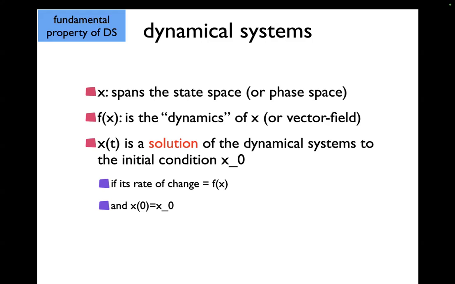A time course x of t obeys the equation, so it is a solution in the sense that when you compute the derivative, it is equal to that f of x, relative to some initial conditions that are called here x naught. That's called a solution of the dynamical system. Kind of obvious.